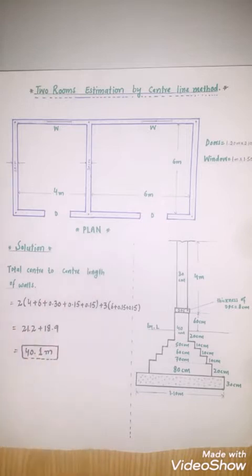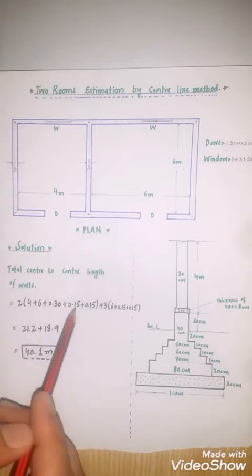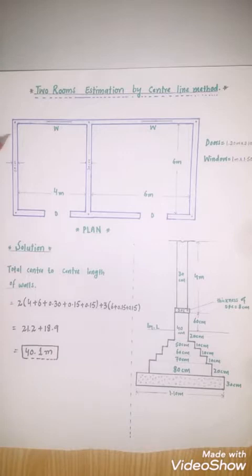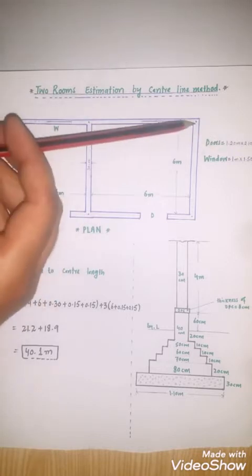plus 0.15. This is the half thickness of the wall from the center. The total thickness is 30 centimeters and I take 0.15 from the center, and another 0.15 from the other side.